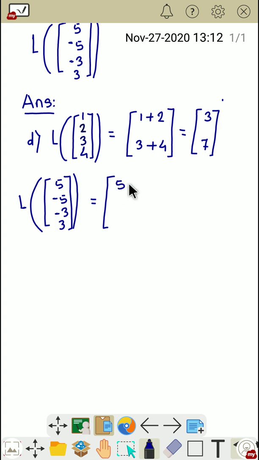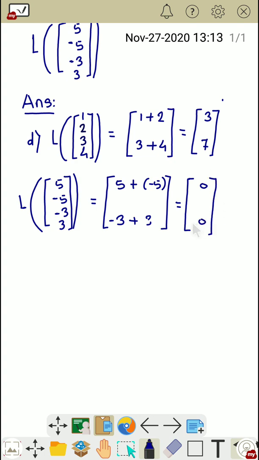The first row is 5 plus minus 5, and the second row is minus 3 plus 3. So finally we get a column vector with 0, 0 entries. Okay, in this way we solved our D part.